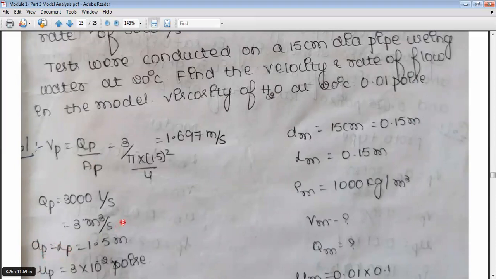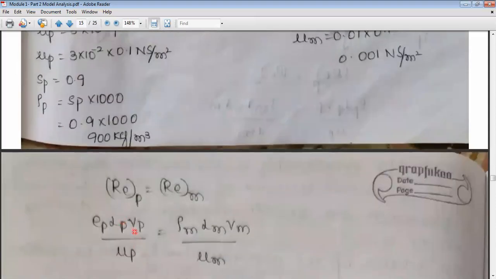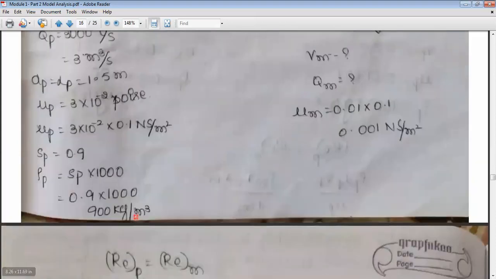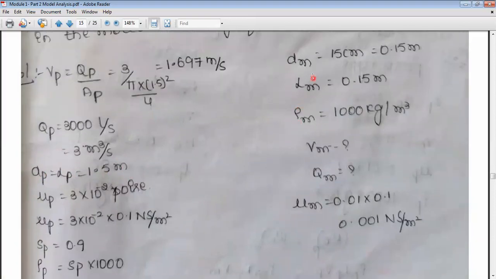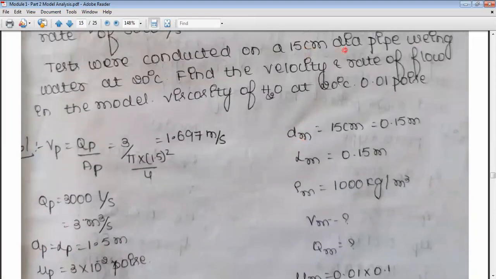Why have we used LP? Because in the formula we have L. L indicates any physical quantity which has the dimension of meter. Here the diameter is given, therefore DP will act as LP. So DP is equal to 1.5 meter. Similarly, you can write the diameter of the model, 15 centimeter, that is 0.15 meter.